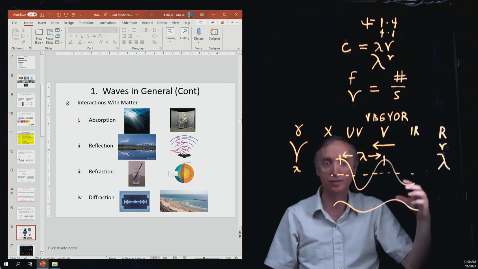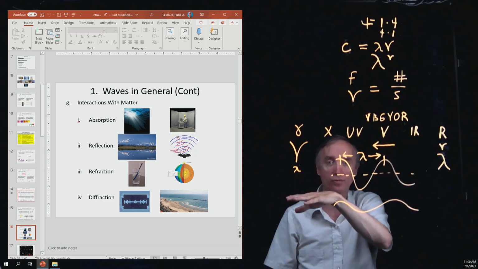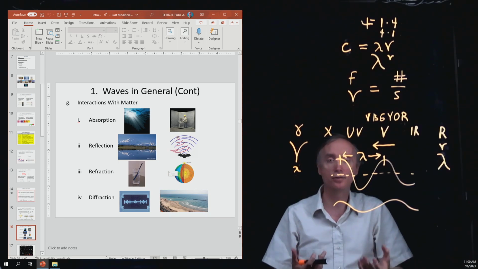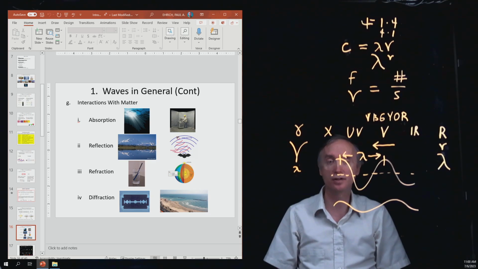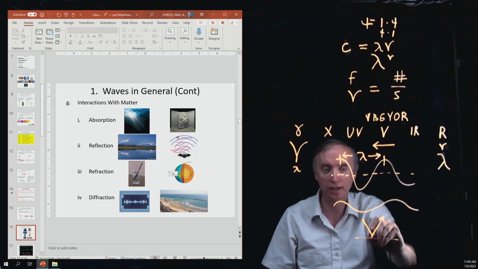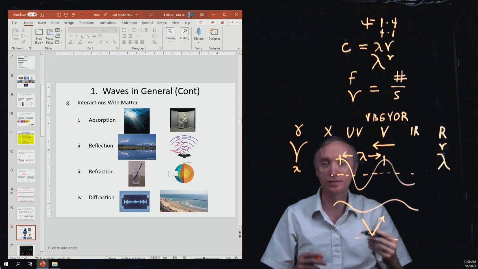That means that as light tries to go through dust or through water, some of the energy is being absorbed, and so the brightness starts to dim as the light passes through. Then reflection is when a wave bounces off of a material, like a mirror. A wave comes in and bounces off, and that's the definition of reflection.